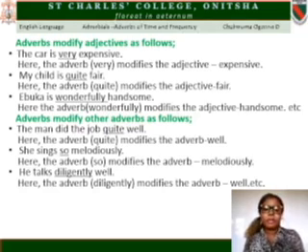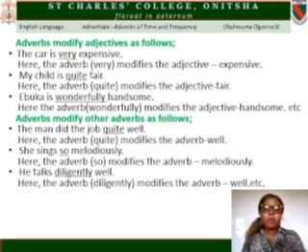The second example, my child is quite fair. Here, the adverb quite modifies the adjective fair by giving us more information about the adjective fair, telling us the extent of the child's fairness, which is quite fair. Again, Ebuka is wonderfully handsome.